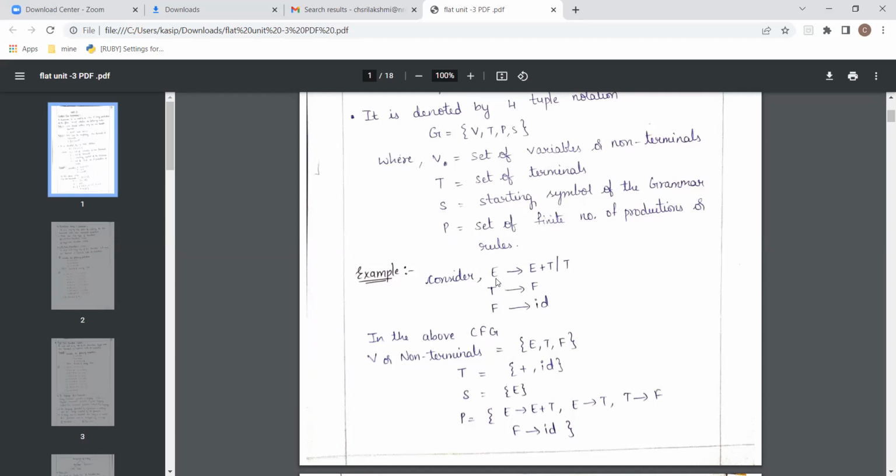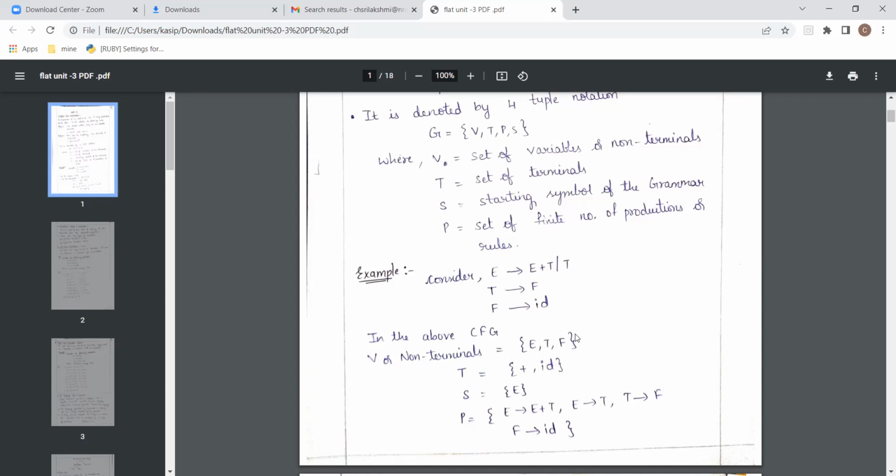And then P is the set of finite number of productions. What are the productions we have? We will write all those productions here. That is E tends to E plus T, E tends to T, T tends to F, and F tends to ID. All these are the finite number of productions we have.